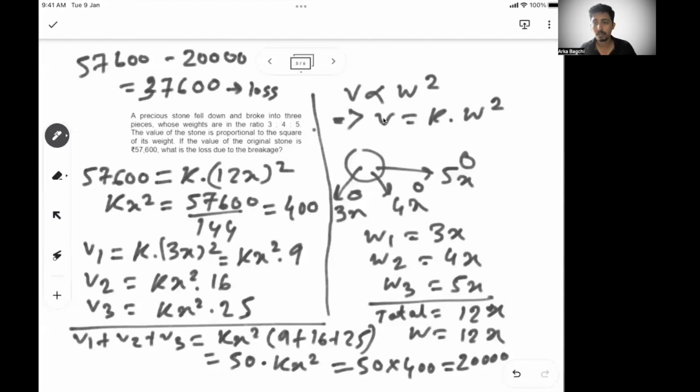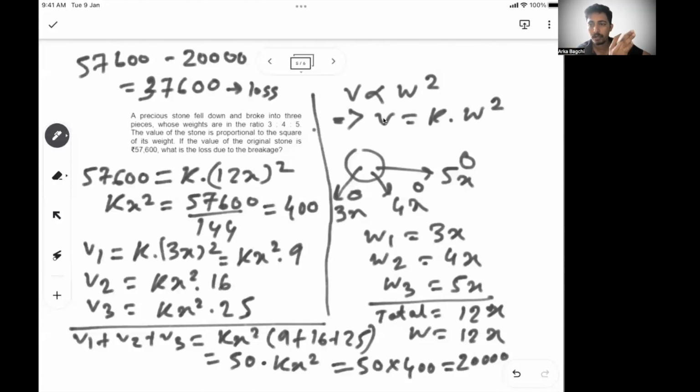So how do we calculate the loss? We understood the individual weights. From there we calculate the total weight, which is the sum of the individual weights. If the individual weights are 3x, 4x, 5x, the total weight is 12x. If the total weight is 12x and the original value is 57,600, then from there we know the value of this constant, which is 400.